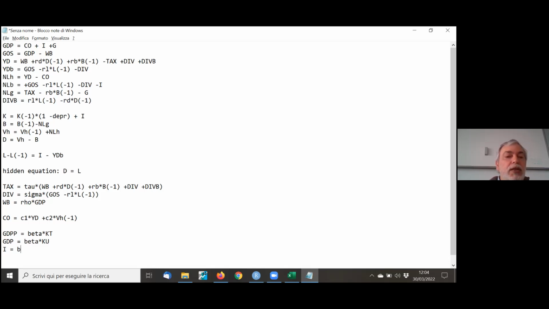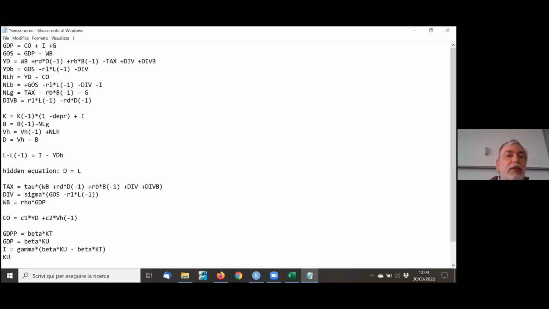So when this beta times KU is larger than beta times KT, and what we usually have is, so this would fill completely the gap between the two measures. So we can imply that this is not filled completely.